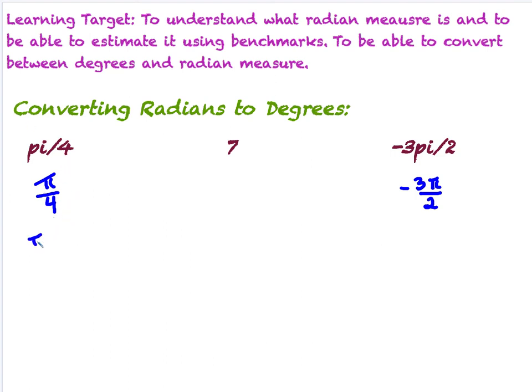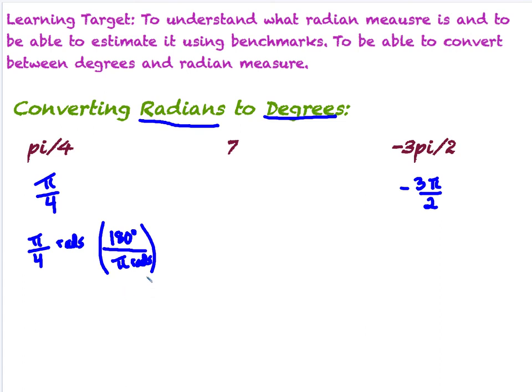Now, I have to know in my head that these are in radians. And sometimes you'll see people write rads or radian after it. But what that tells me is that, again, I want to get rid of radians and end up with degrees. So it tells me that my radian measure, which was pi rads, has to go on the bottom.